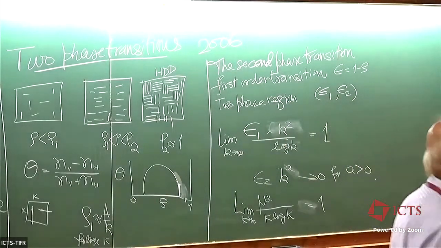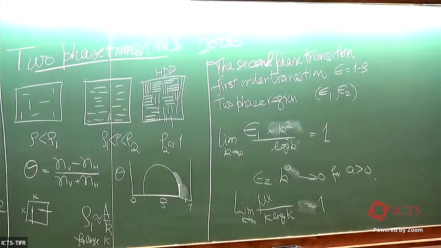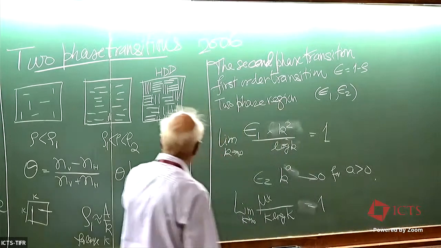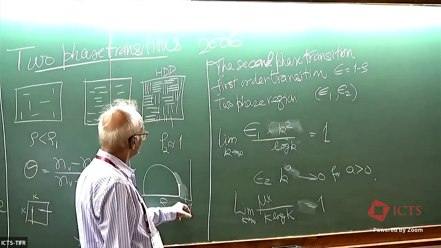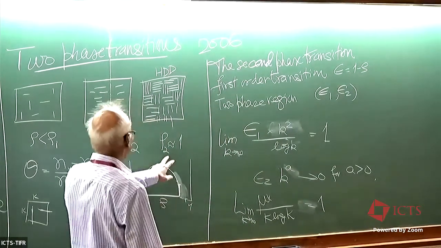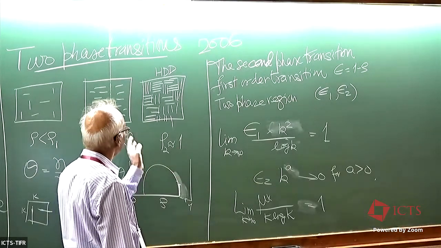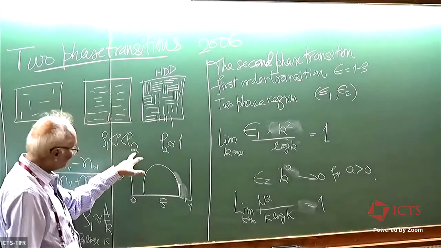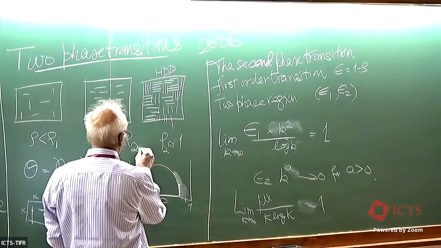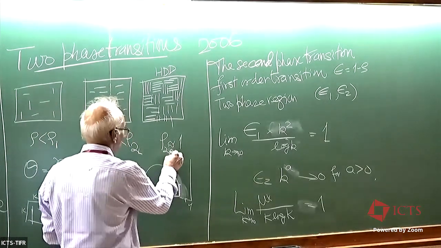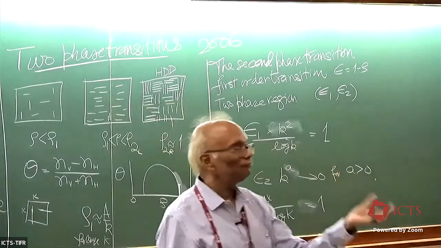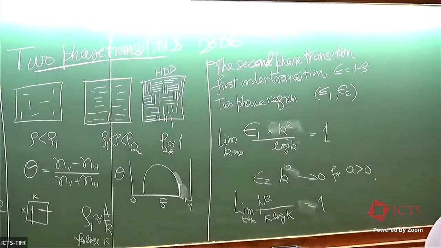So there's a 2-phase region. That doesn't quite jibe. Why not? I was sloppy. If you have rho less than rho 2 left, and this is rho 2 right, there is a two-phase region, left and right are not coincident.